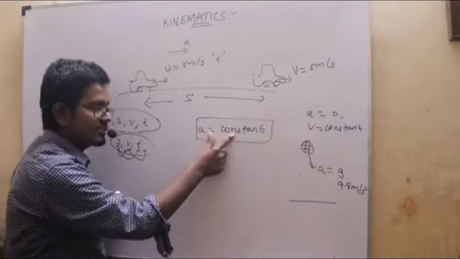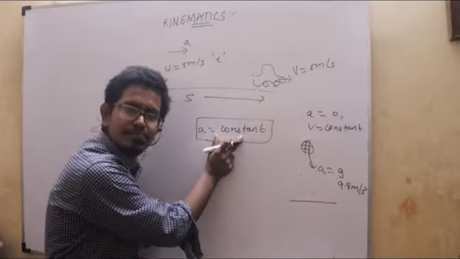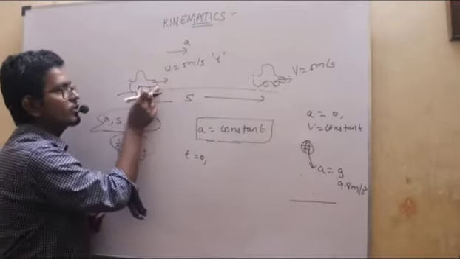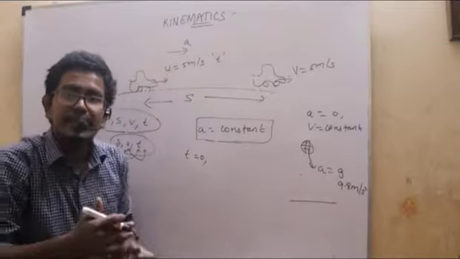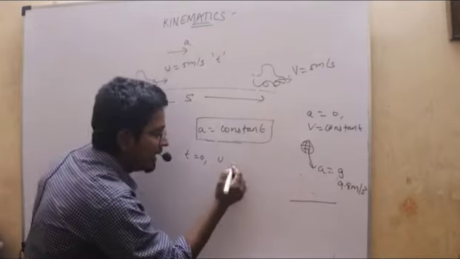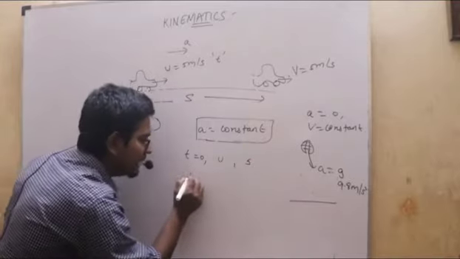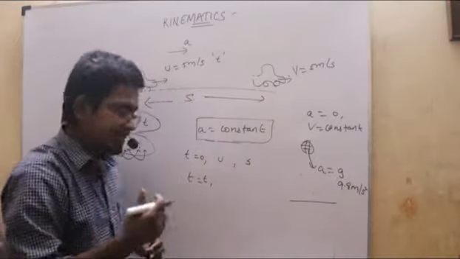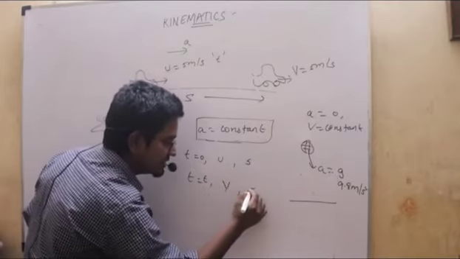And you can see here, the acceleration is constant. So what will happen when my acceleration is constant? At a time t is equal to 0 seconds, my object or my body will have some initial velocity, and it will have some initial position. Whenever my time is changing, that means at a time t seconds, the velocity is going to be changed as v, and the position is going to be changed as s.